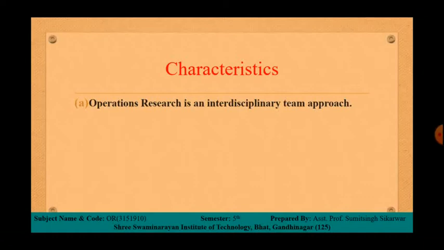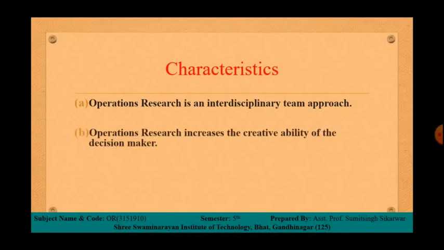Another characteristic of operations research is that it increases the creative ability of the decision maker. Operation research provides the manager mathematical tools, techniques and various models to analyze the problems on hand, evaluate the outcomes of the various alternatives, and make an optimal choice.